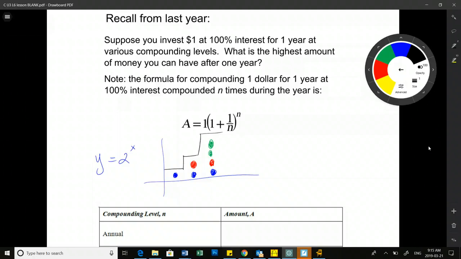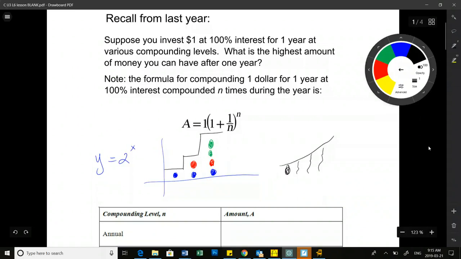When we think about even a plant growing, that plant is going to grow naturally over time, and we get a more natural curve. The same thing happens with money. As we're gaining interest on something, usually we don't get money that just compounds right at the end of the year. What happens is we get money that grows like this.